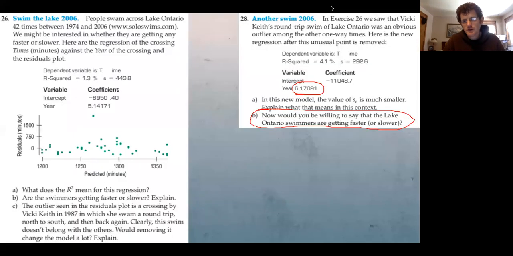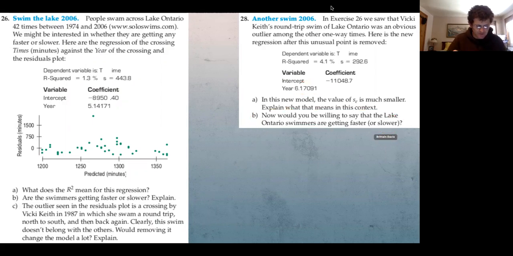To interpret our slope, we might say that every year that we move ahead, we add 6.17 minutes to the time it takes to cross Lake Ontario. All right, and that's what we've got. So they are getting slower. All right. So again, conceptual questions abound.